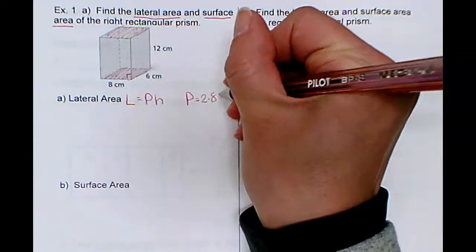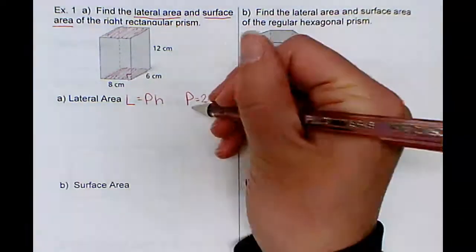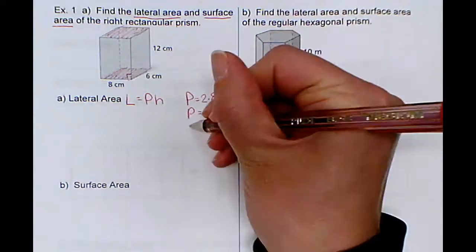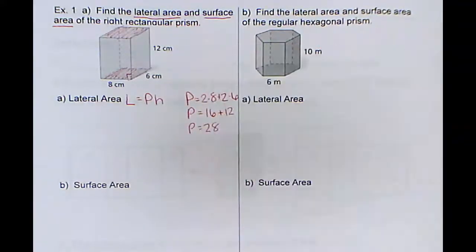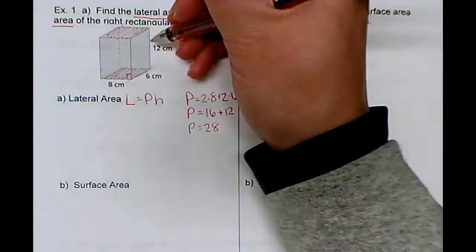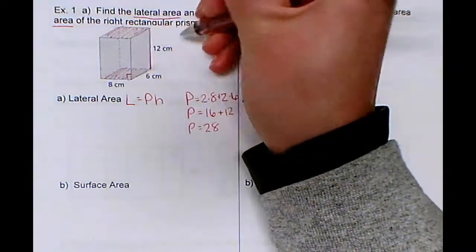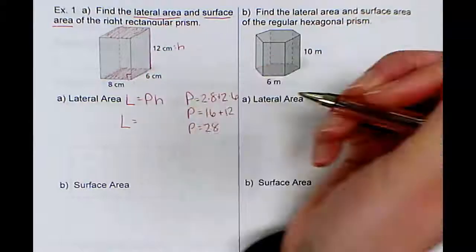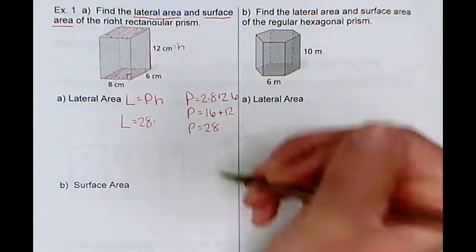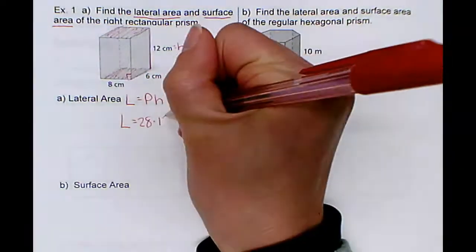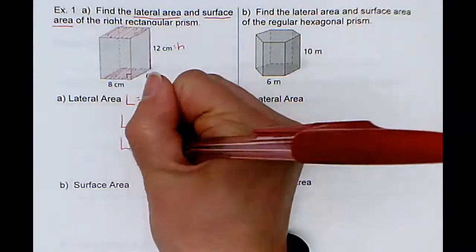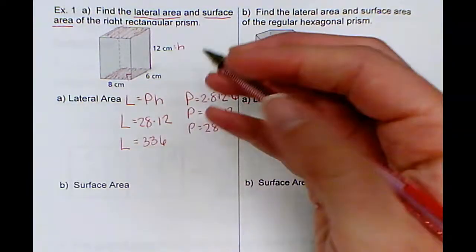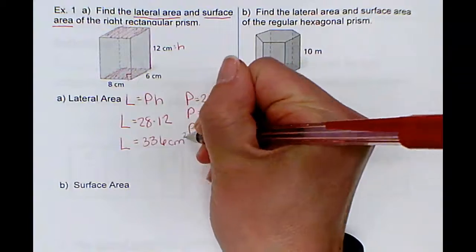So 2 times 8 plus 2 times 6. 2 times 8 is 16, 2 times 6 is 12, and if I add those together, I get a perimeter of 28. The height of this prism is 12. So when I multiply the perimeter of the base, 28, times the height, 12, I end up with a lateral area of 336. Now we're measuring in centimeters, and this is still area, so this is centimeters squared.